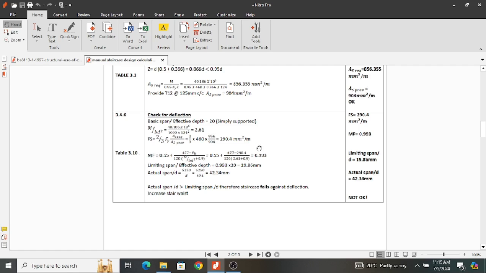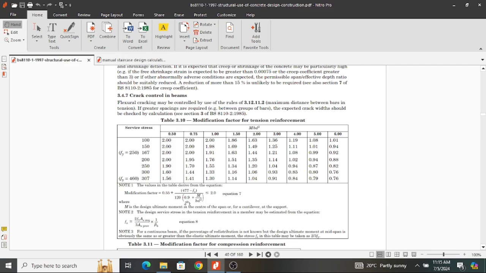This is what you will multiply with the value of 20 we found from the other side to get the limiting span over effective depth. And from the code, you can see the modification factor is given by this big formula here, and it is supposed to be less than or equal to 2.0 from equation 7.